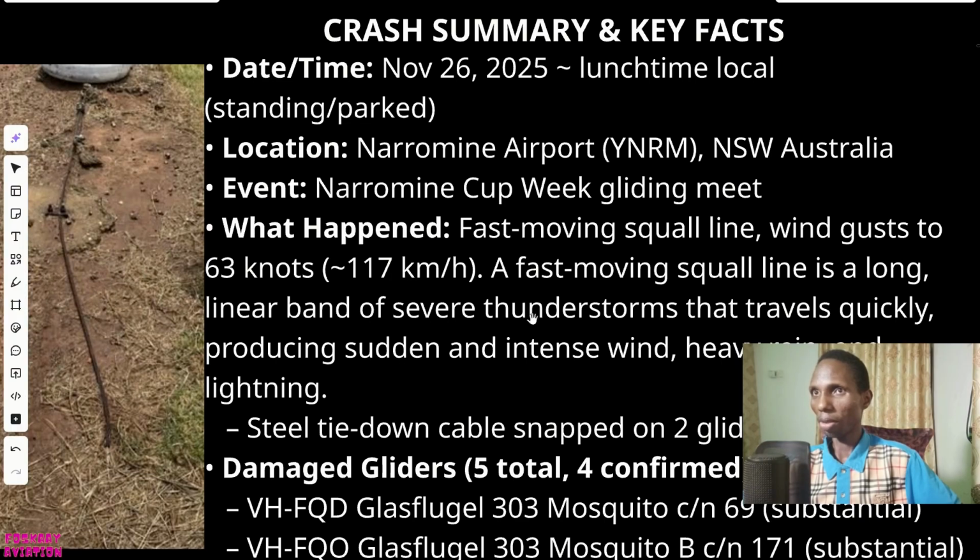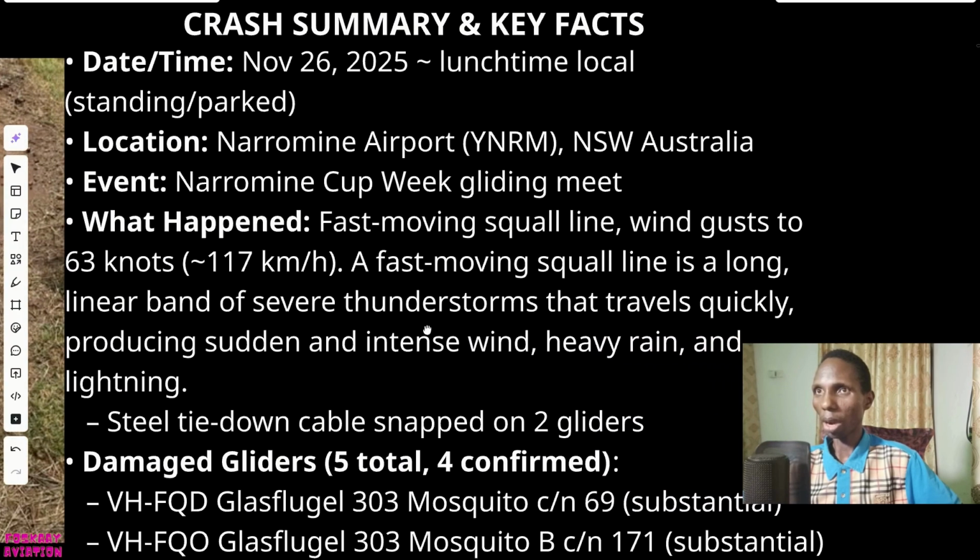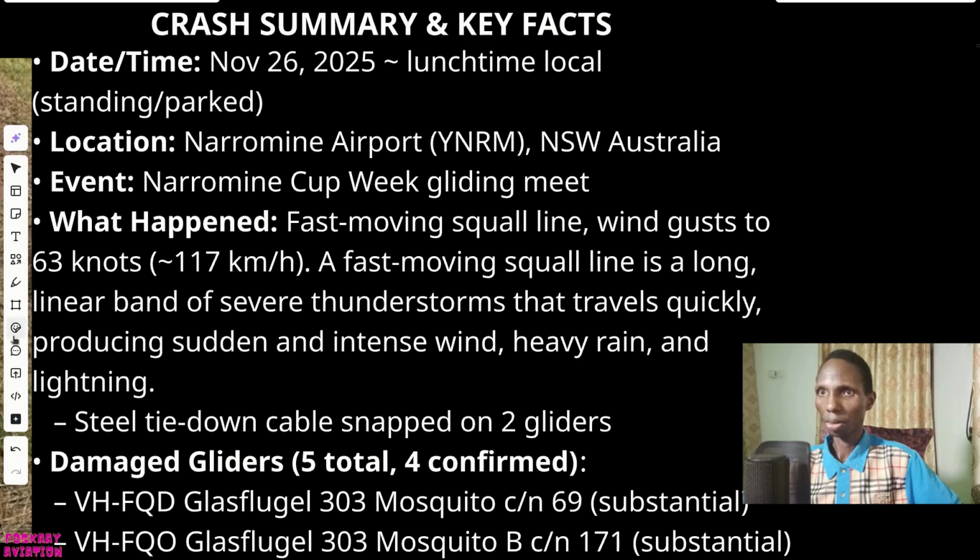Here are even some pictures from the event, which we'll learn more about. So let's quickly look at the details surrounding this. It happened November 26, 2025. I always try to bring you daily plane crash news, but most times, when these things happen, it takes time.